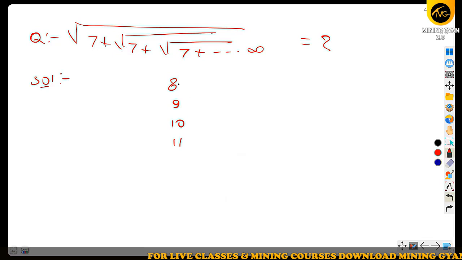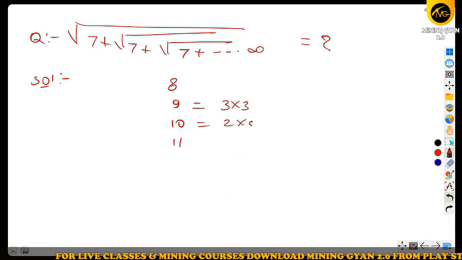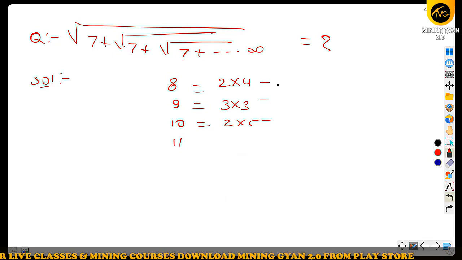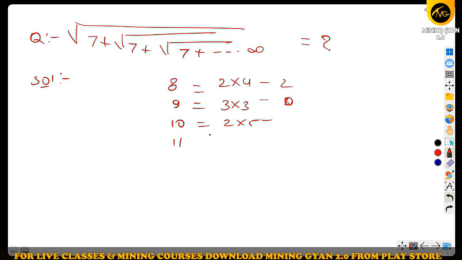But we cannot use 8 or 9 because the factors of 9 are 3 into 3, of 10 are 2 into 5, and similarly 8 is 2 into 4. But the difference between the factors must be just 1. In 2 into 4 the difference is 2, in 3 into 3 the difference is 0, and in 2 into 5 the difference is 3.